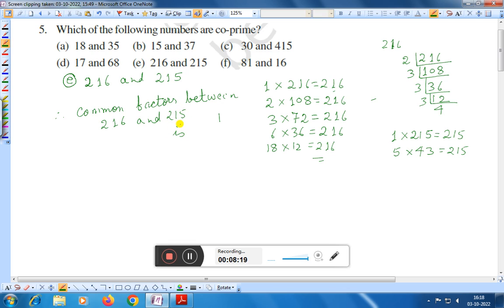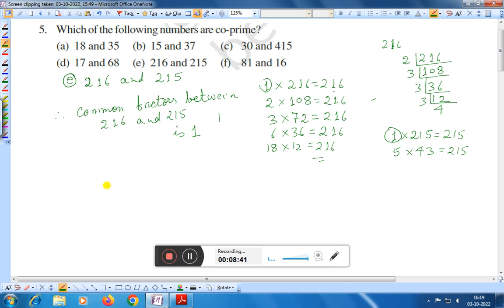Here we are getting only 1. There is no other factor common between them. 43 is one number, but we are not getting any such number in the factors of 216. Therefore, the common factor between the numbers is 1.